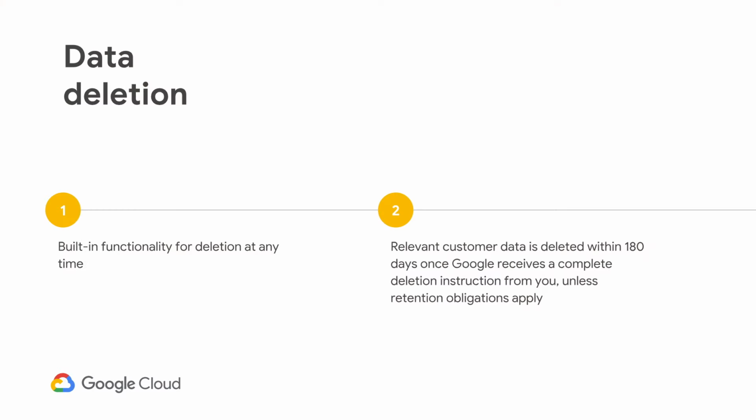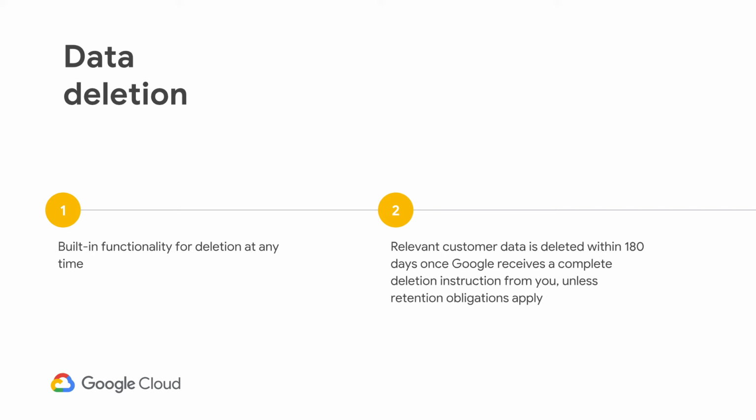The next one is data deletion. Data deletion is not a new right in GDPR, but it is still very important because we want to make sure that we only store data until it's necessary for a business purpose. So we always had built-in functionality in G Suite and all of its products that made it possible for you to delete customer data anytime.